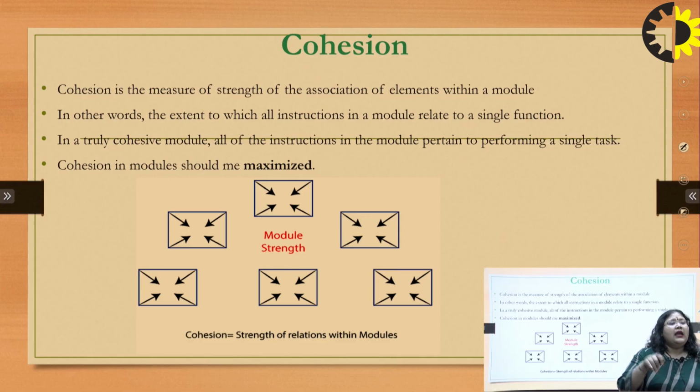If it is highly cohesive, that means the design structure is highly understandable, because it is not dependent on another module. That shows the degree of dependency, or the strength of the association of the elements within the modules, not between the modules. So these are the things that we define in this particular lecture. Thank you so much.